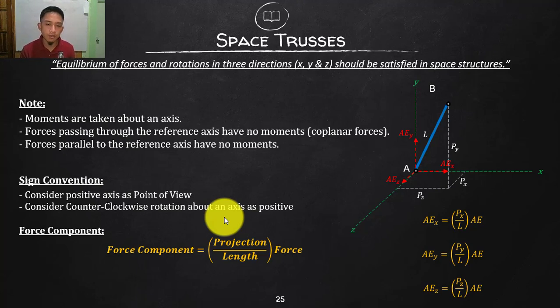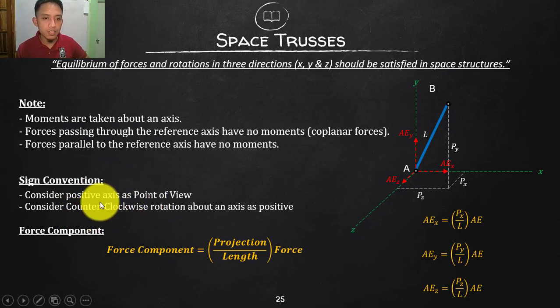You can still follow that, but in this discussion we will be using counterclockwise, because later on, in a live discussion, I might teach you a hand gesture as a guide for the moments with respect to an axis. I will teach you that in the live meeting. So for now I will consider counterclockwise, because that will be to the advantage of the hand gestures that I will be teaching you later on.